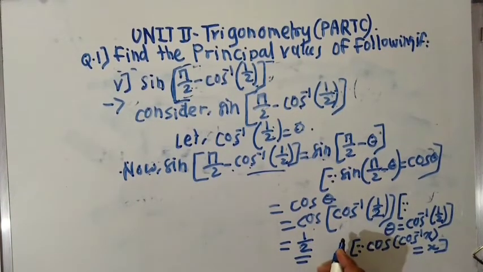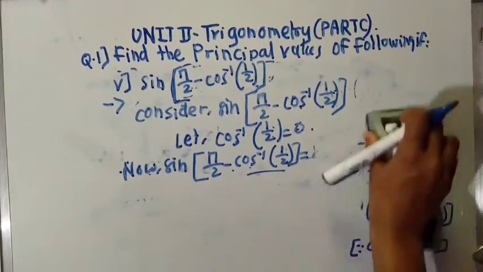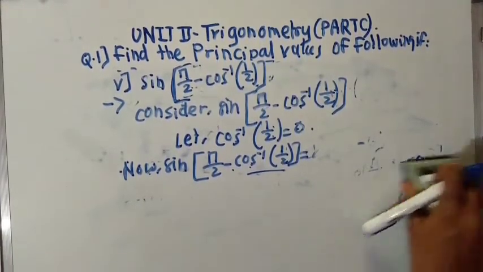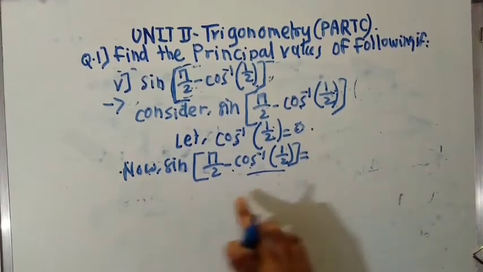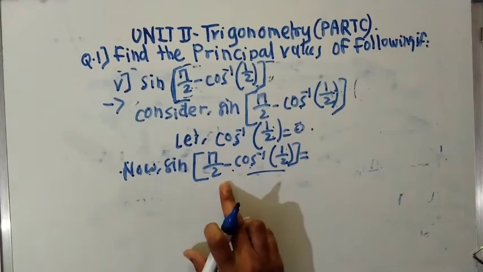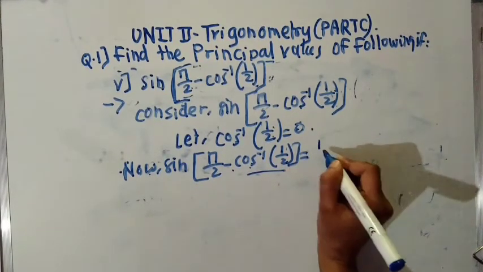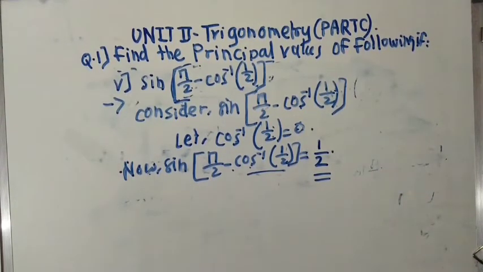Hence the principal value of this is 1 by 2. Hence sine of pi by 2 minus cos inverse of 1 by 2 is equal to 1 by 2, the answer.